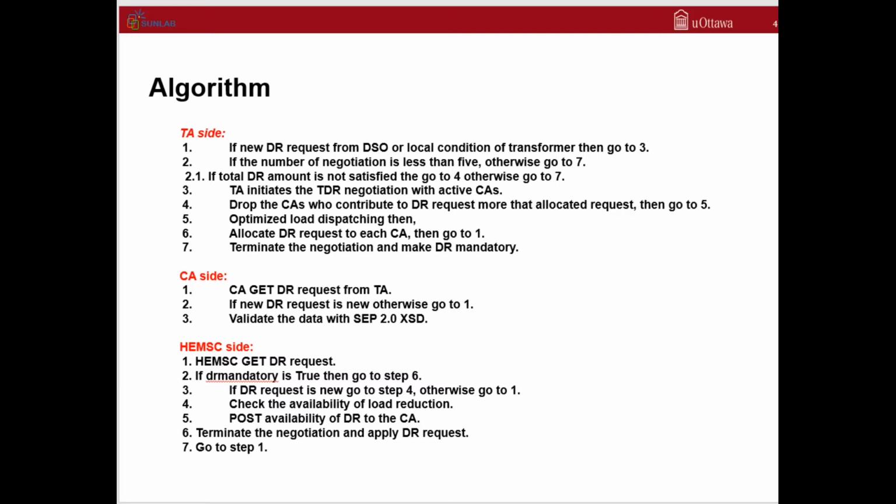Otherwise, if there is no compromise between the TA and the HEMSC controller, TA says no, this is completely mandatory, you have to obey this request, and DR mandatory would be true. And as long as this DR mandatory flag is true, the HEMSC controller should perform and apply all of the requests coming from the TA.